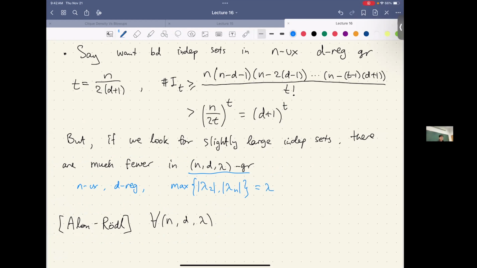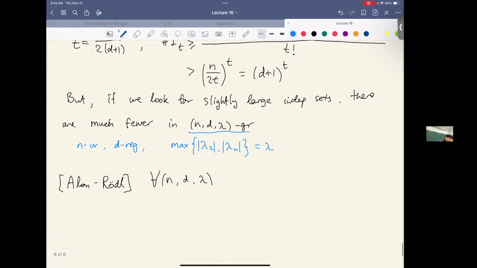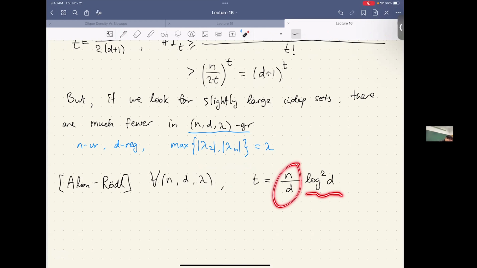So all the non-trivial eigenvalues, apart from the first, lambda 1 equal to D, are at most lambda in absolute value. Their result says, in such an (n, d, lambda) graph, if you set T to be some constant times n over D log D squared, you see, we go a little bit larger than the greedy size.